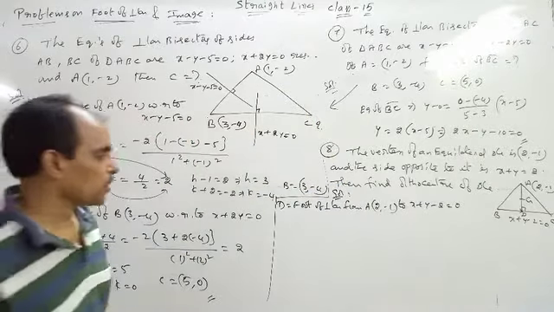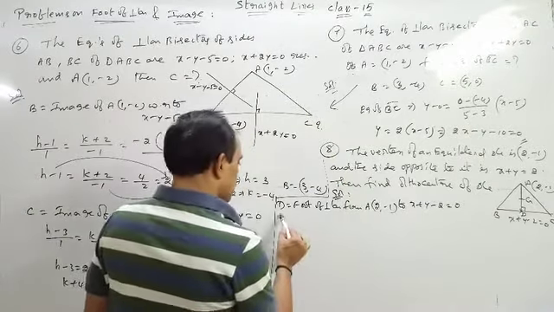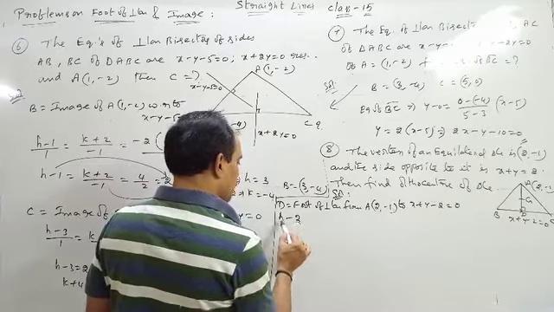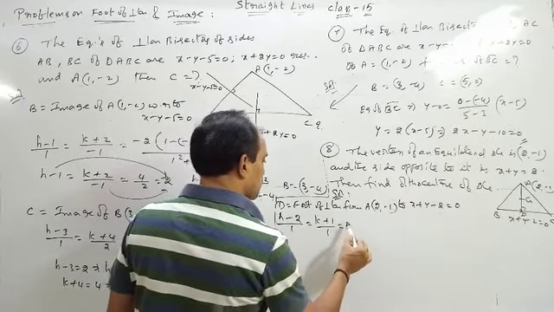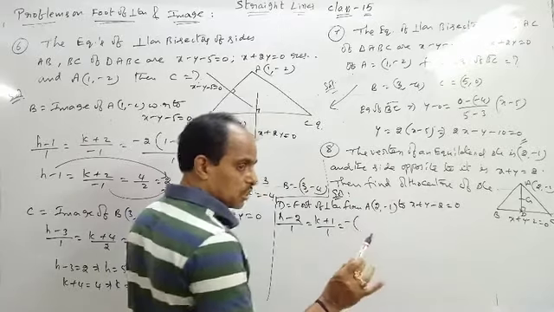Am I right? Now h minus 2 by 1 is equal to k plus 1 by 1 is equal to minus of, just foot of perpendicular.